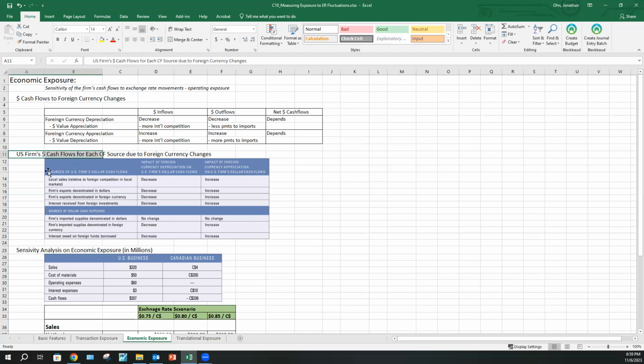That covers cash flows for each cash flow source due to foreign currency changes.